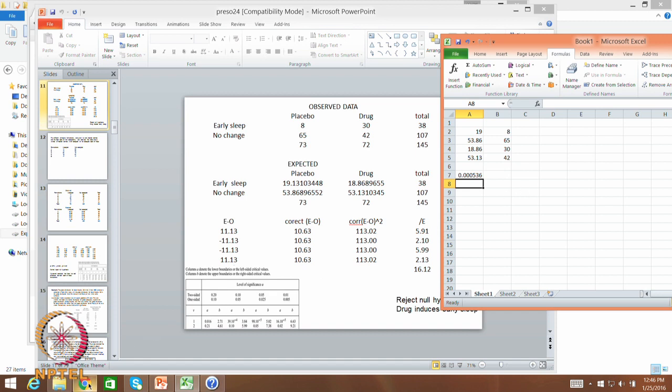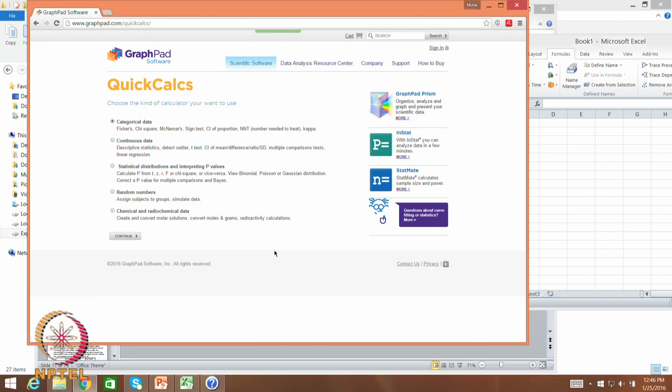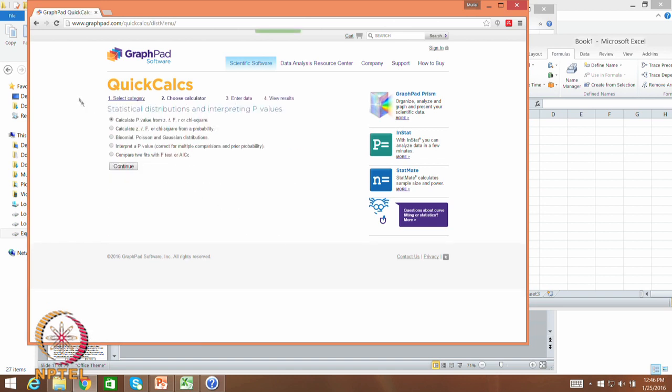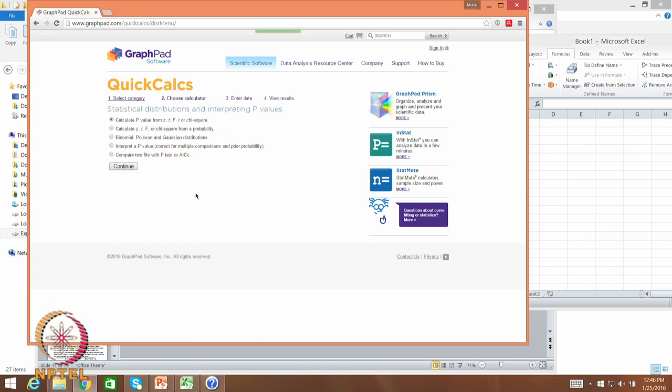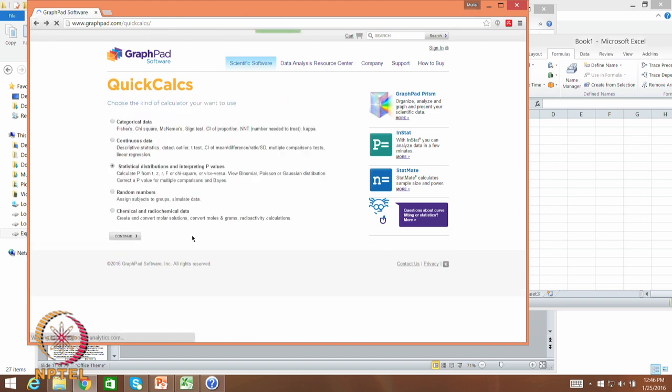We can also do it by the GraphPad software. Here we have the chi-square here. So, continue. So, we can do statistical distribution interpreting.